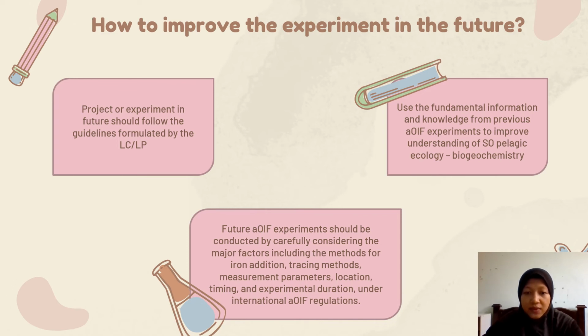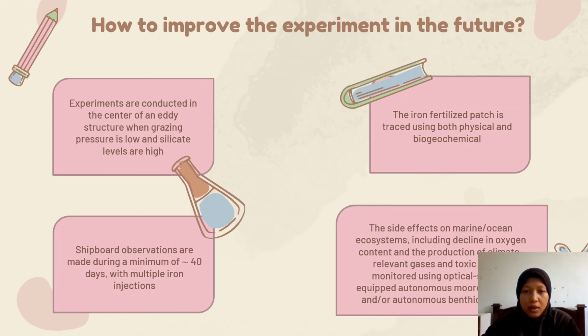Third, use the fundamental information and knowledge from previous artificial OIF experiments to improve understanding of Southern Ocean pelagic ecology and biogeochemistry. Fourth, experiments are conducted in the center of an eddy structure where grazing pressure is low and silicate levels are high.